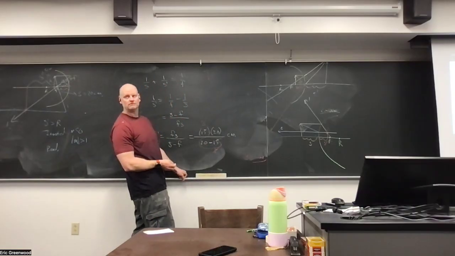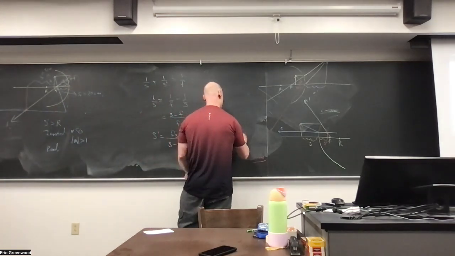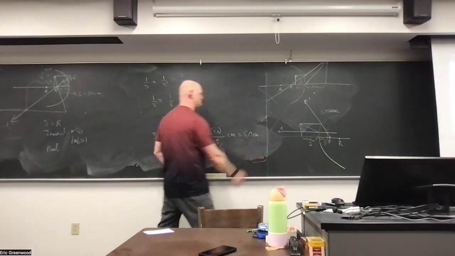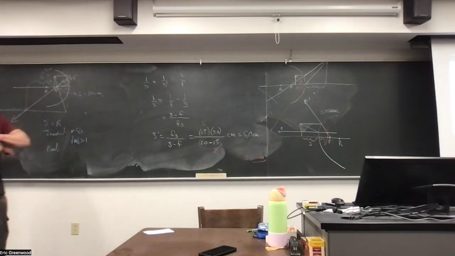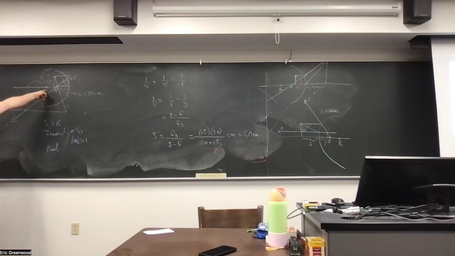And what's 3 times 20? 60. So this is going to be 60 centimeters. Assuming I did my math right. So going back to my expectation, S prime should be bigger than the radius of curvature, which it is. It's actually double the size of the radius of curvature.